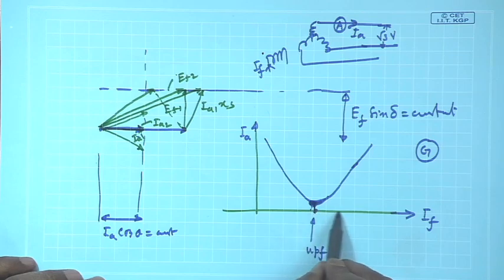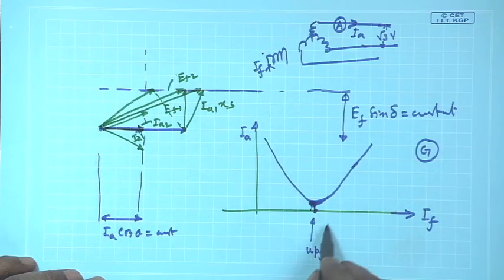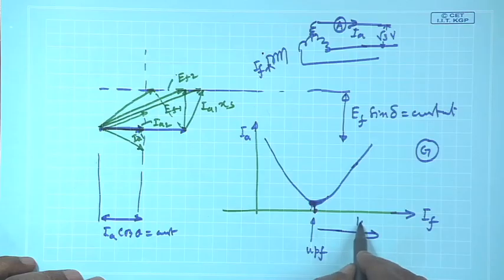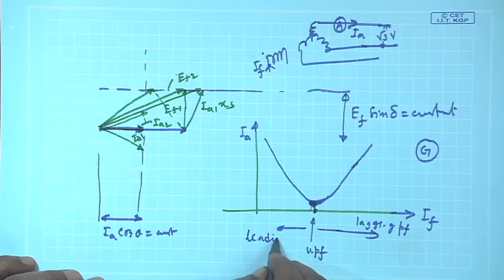If you exceed the field current from this to this, over excited machine means lagging power factor. So, this side will be lagging power factor, and this side also once again armature current will increase, it is leading power factor.